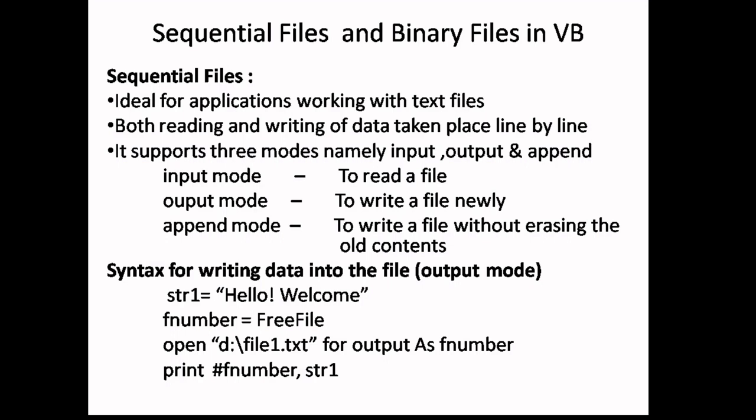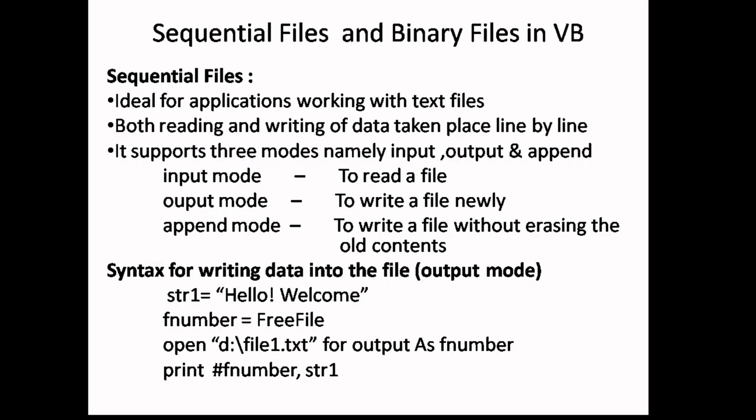FreeFile is the standard method we have to use to uniquely identify the particular file, file1.txt, with a number. So in order to refer to file1.txt, the unique number will be used.